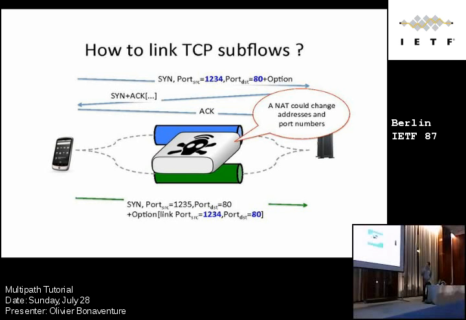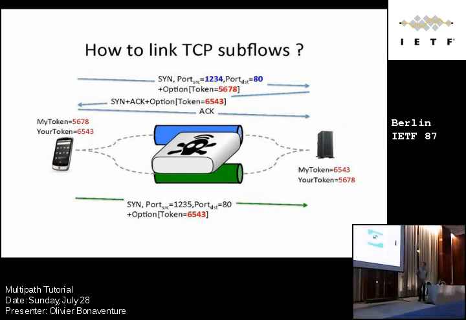In Multipath TCP, what we do is that we have to use a unique identifier for the Multipath TCP connection. And this identifier for the Multipath TCP connection is called the token. When the client sends the SYN, it will insert inside the SYN the token, which is the local identifier of the Multipath TCP connection on the client. The server will provide its own token number, which will be its local identification of the Multipath TCP connection on the server.